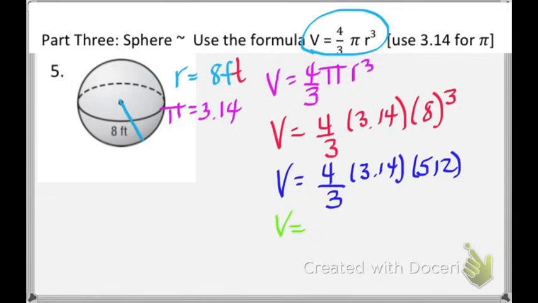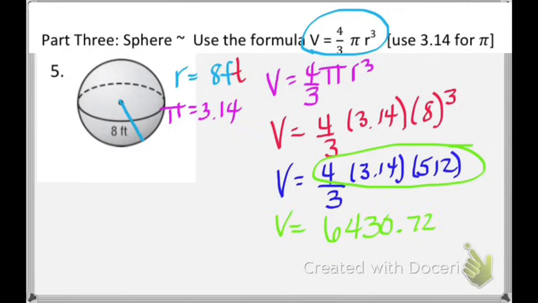So if I multiply all of the top, just like I did when we had the cone, it'll be 4 times 3.14 times 512. And that number is 6,430 and 72 hundredths. Now, I still haven't dealt with this 3 that's down here on the bottom.